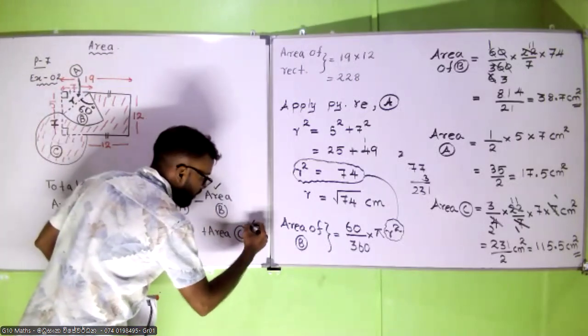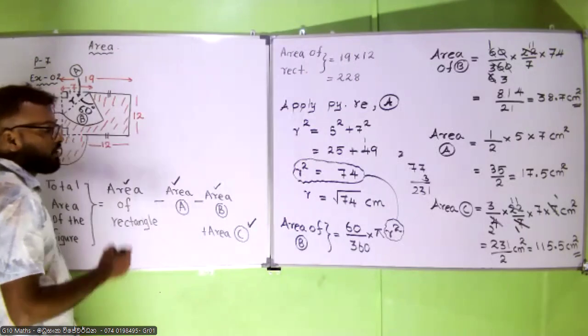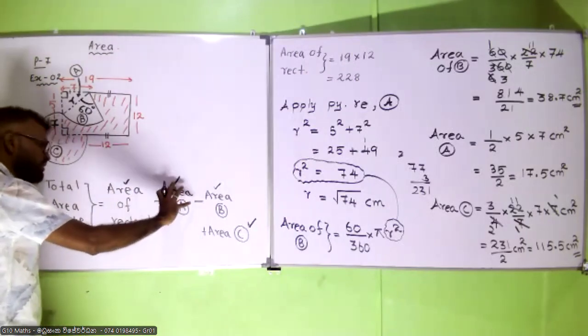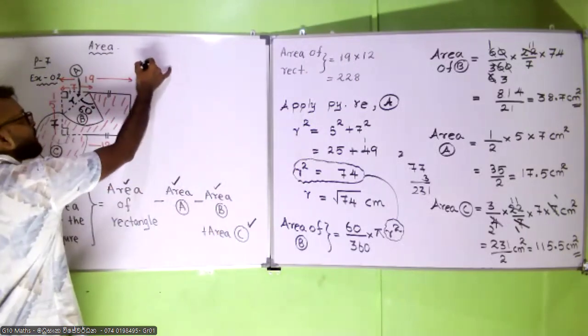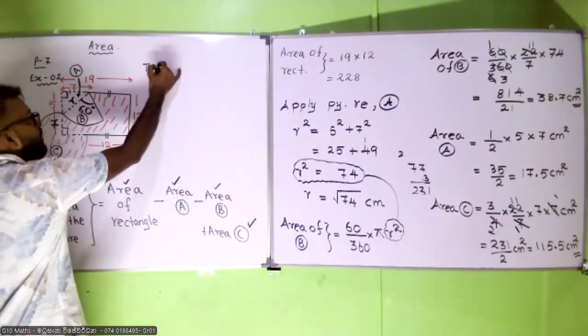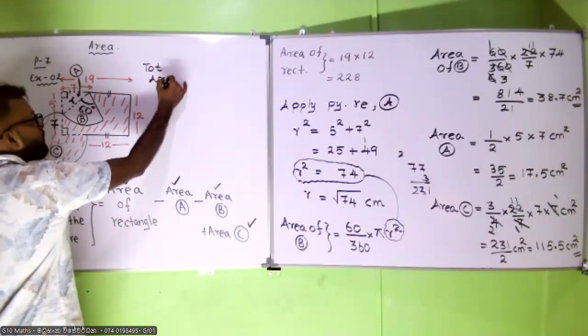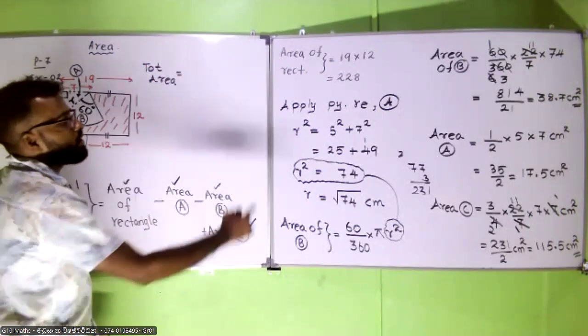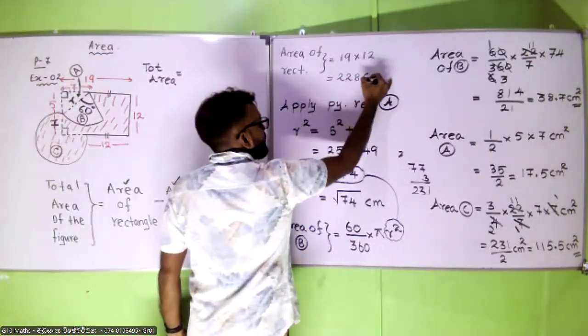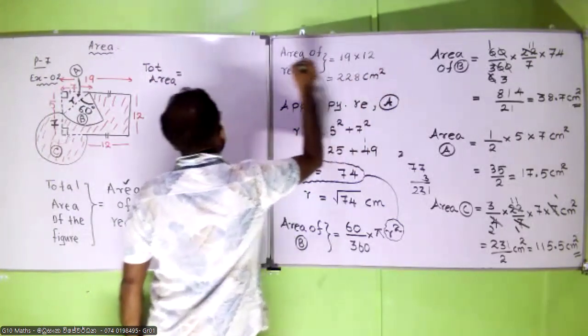Now all the things are done. We have to just substitute the values here, so that we can find the total area of the figure. I will write total area. Area of the rectangle is 228 square centimeters.